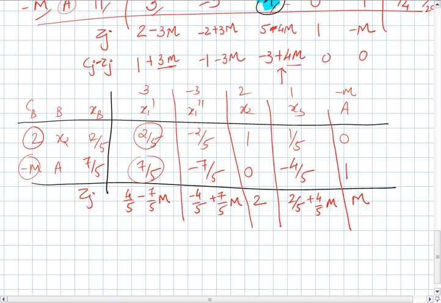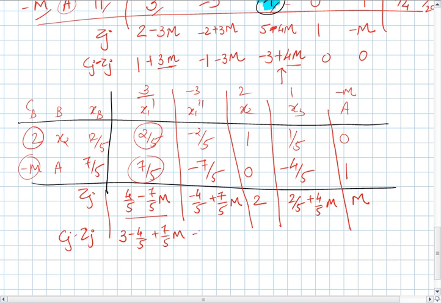Okay. Now you have to evaluate Cj minus Zj. So Cj minus Zj is 3 minus this quantity, so 3 minus 4 by 5 plus 7 by 5 m.